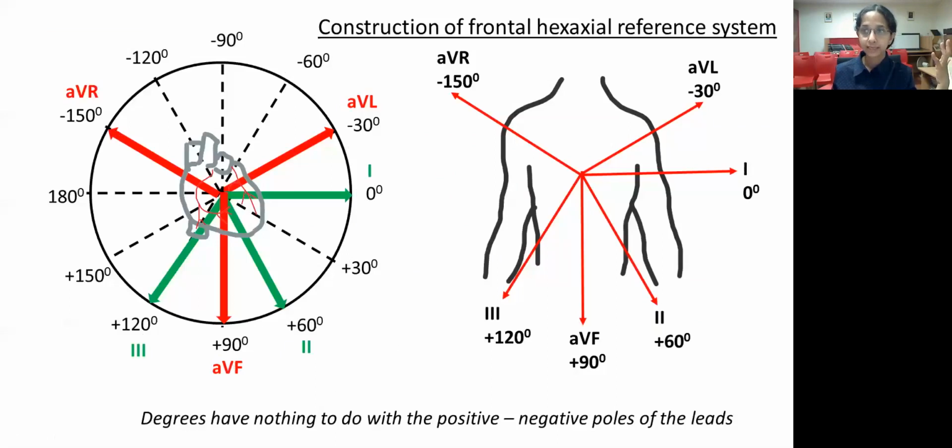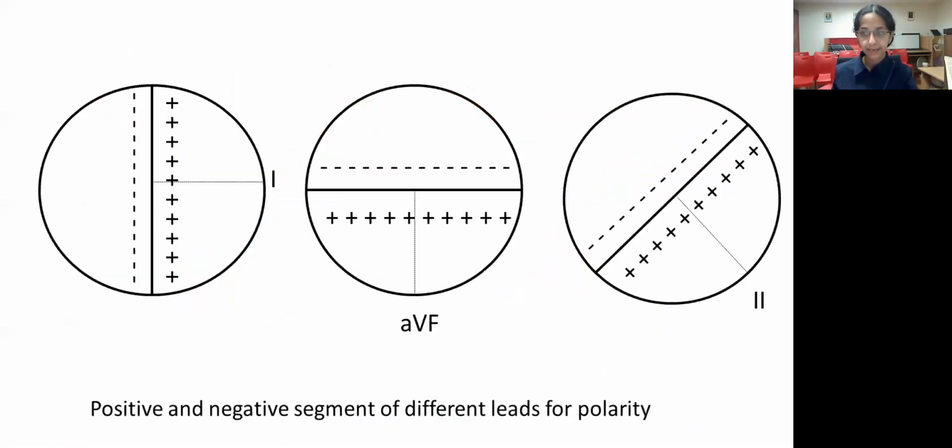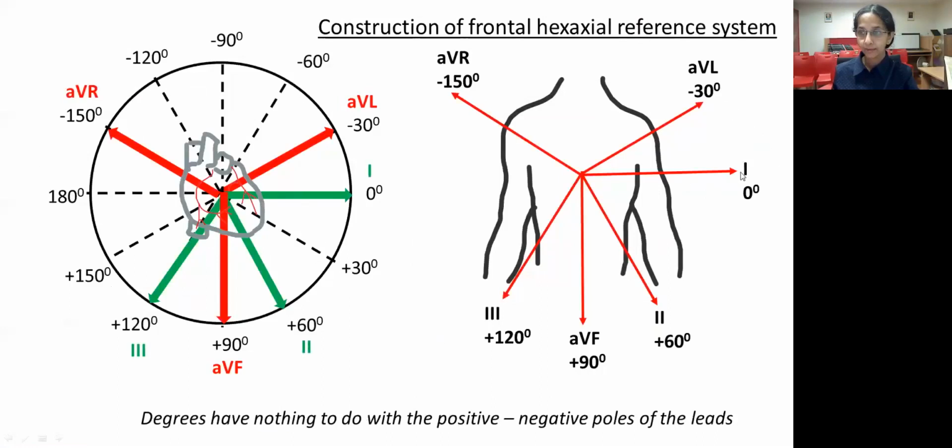So in short, your leads range from minus 30 to 120, except the AVR lead. And it's very interesting, it's almost like maths here. Lead 1 has 0 degrees, that means it has a positive polarity here and a negative polarity here.